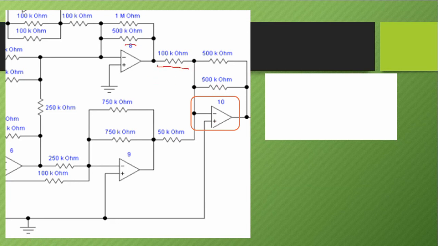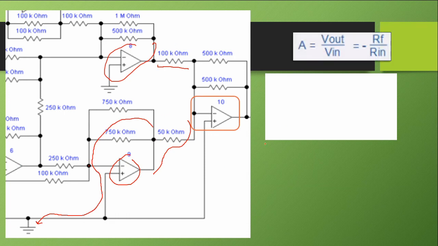This input from op amp 8, and then this input from op amp 9. How about here? This is connected to ground, therefore we can ignore this op amp. So we only have 2 op amps to consider, 9 and 8.